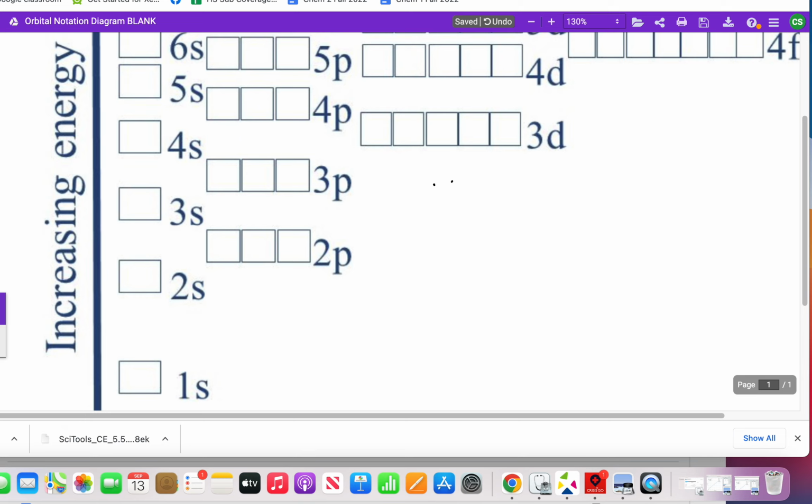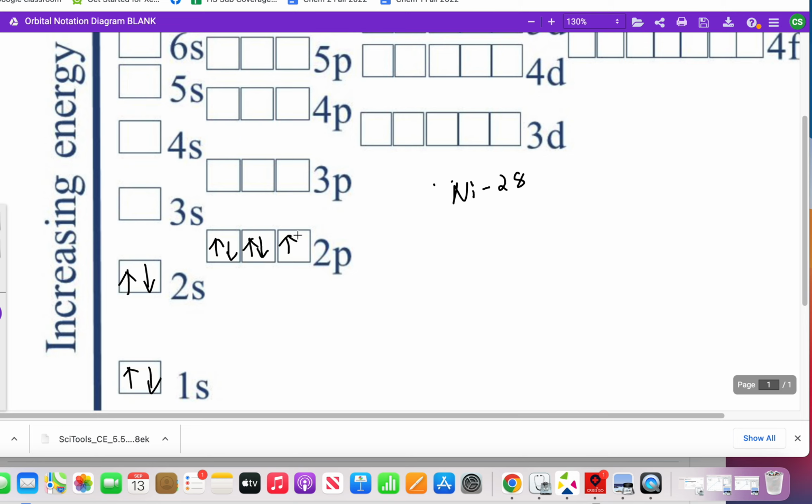Nickel is number 28. So I've got to put 28 electrons in. We're always going to start at the bottom. Here we go. 1, 2, 3, 4. Aufbau, start at the bottom and work your way up. Pauli, each orbital can only have 2, but they have to have opposite spin. Okay, Hund's rule. Orbitals of equal energy each get 1 before any get 2.